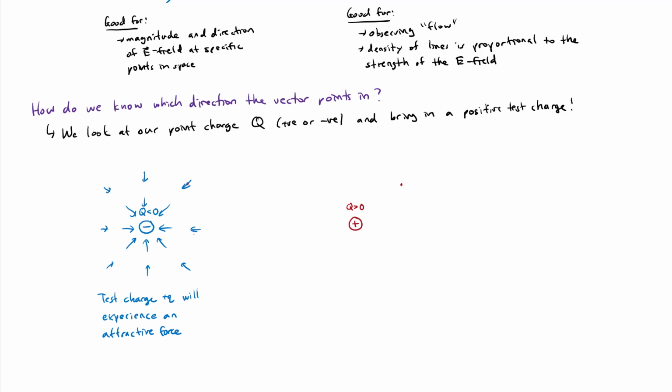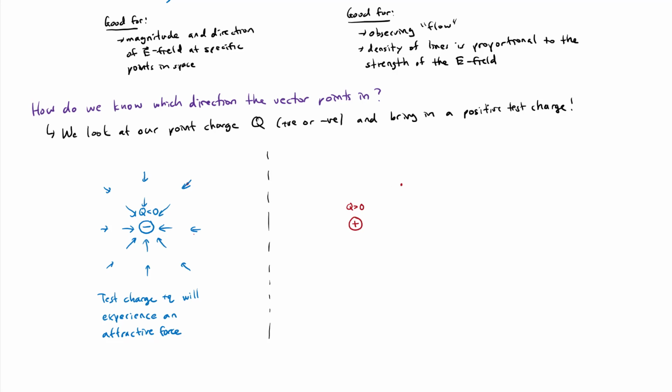Now let's take a look at the other option where our point charge Q, capital Q, is positive. Our test charge also has to remain positive so that we can make comparisons. What kind of force will the test charge feel from a positive charge?